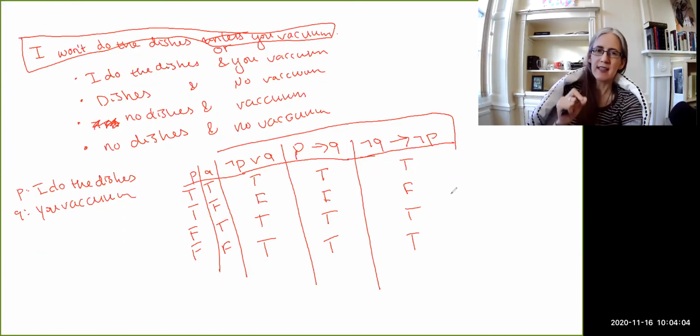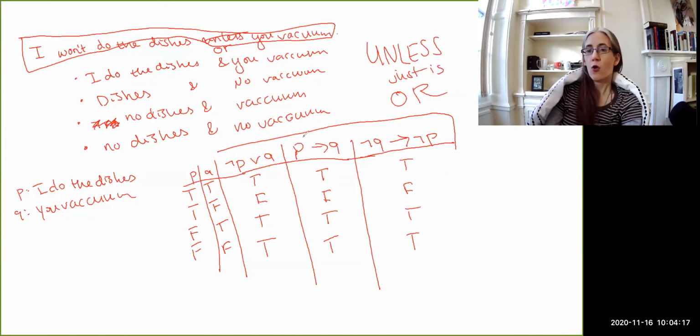It works nicely. It plays well with the other connectives. So there's just a little bit about unless. Unless just is or, or you can also turn it into a conditional so long as you make sure that you add or remove negations appropriately.